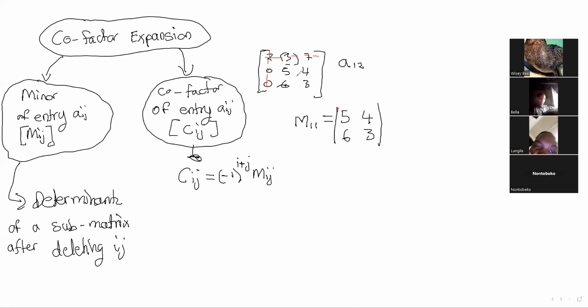All of these numbers are called entries, which means we're going to have 9 entries, which means that we will have 9 cofactors.